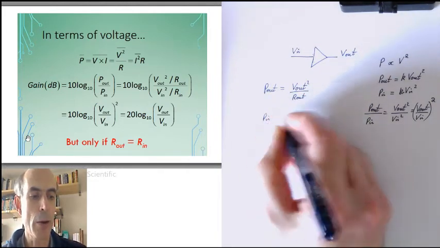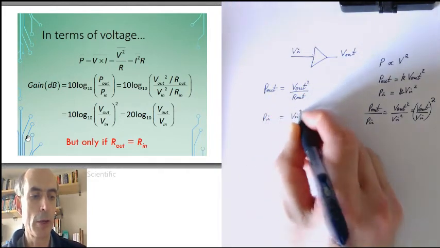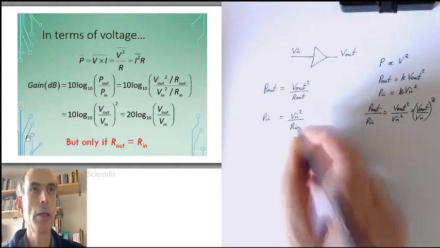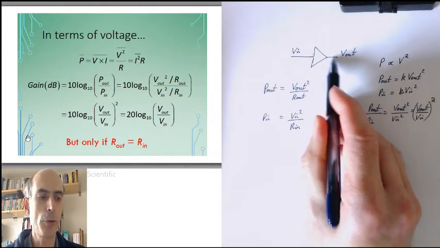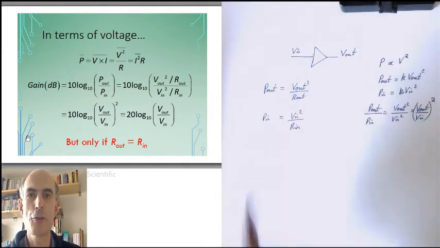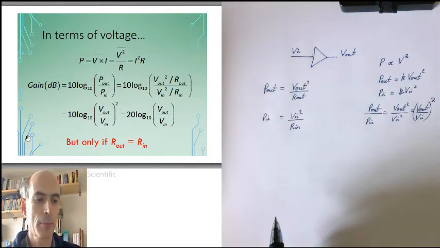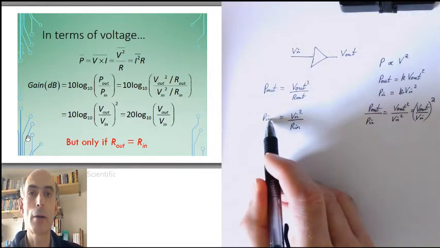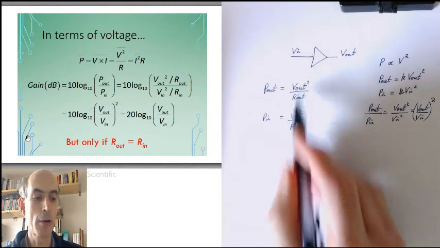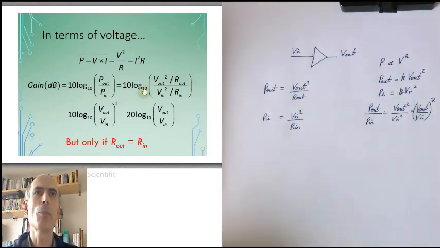And the input power is the input voltage squared divided by the input resistance. And there's no reason that the resistance at the output should be equal to the resistance at the input. So in this case, if I tried to express the output power as a ratio of the square of the input power, I would end up with this formula here.